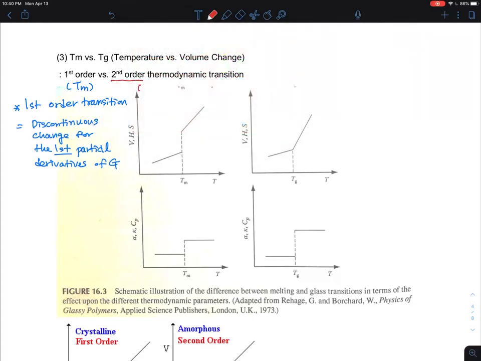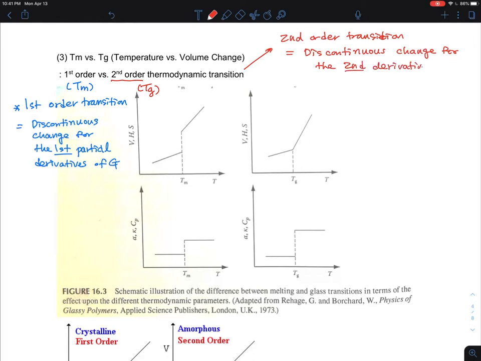So the second order transition, which is a Tg, means once again that this is a continuous change for the second derivatives of Gibbs free energy.